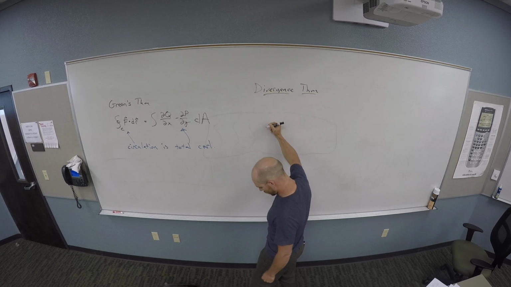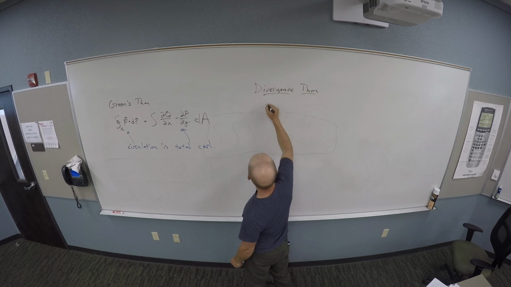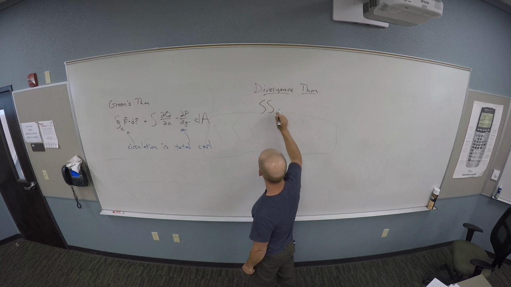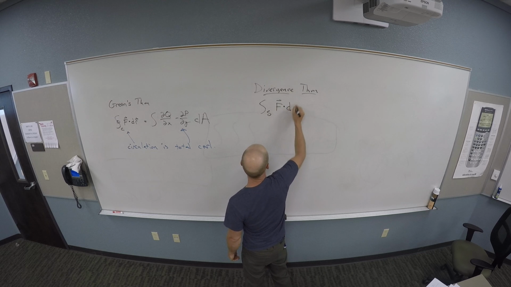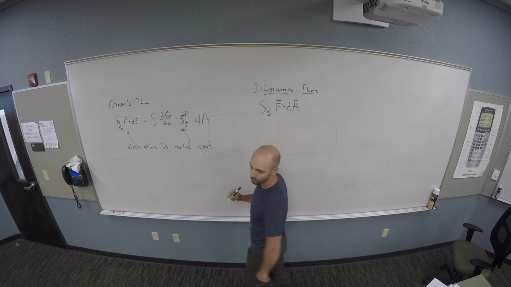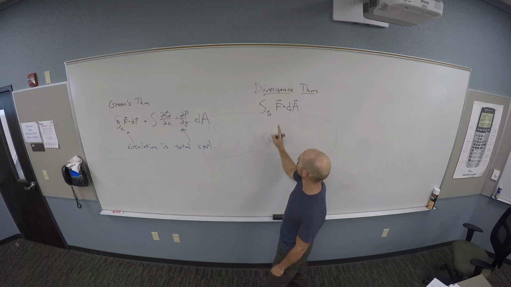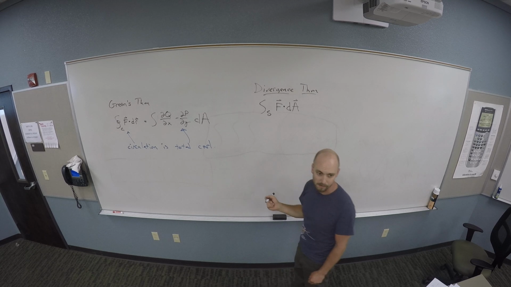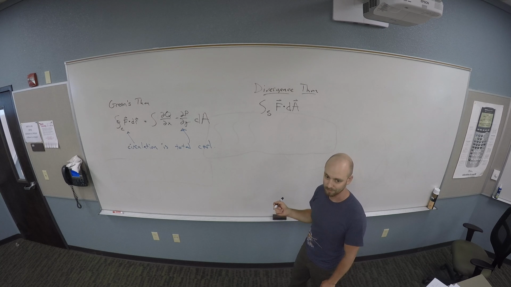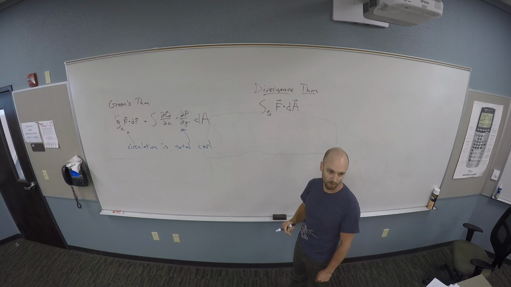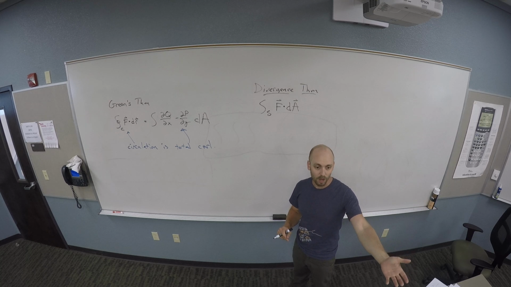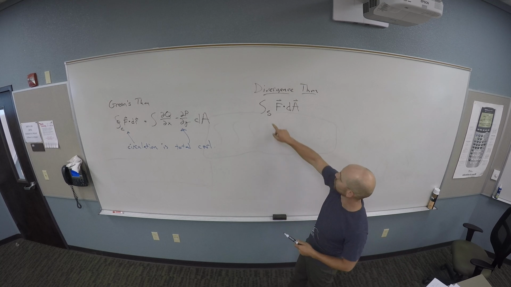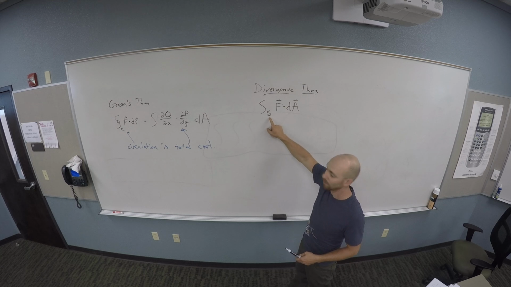Okay, and the divergence theorem, hi Henry, says that when you have an integral over a surface of a vector field dotted with the area, what's my interpretation for this thing? Yeah, this is the net flux through the surface S given by this vector field.